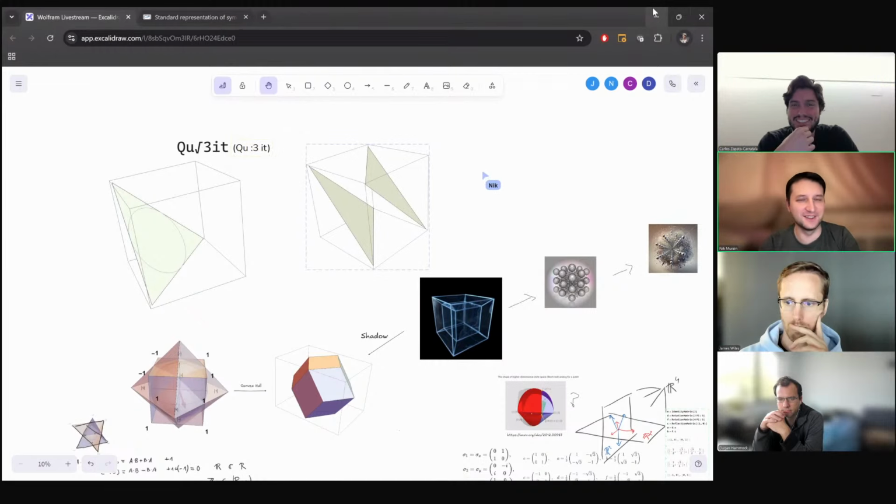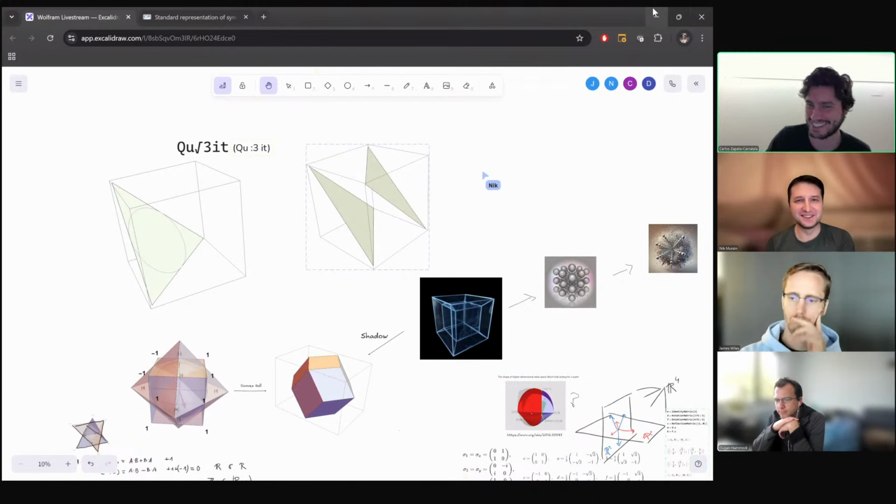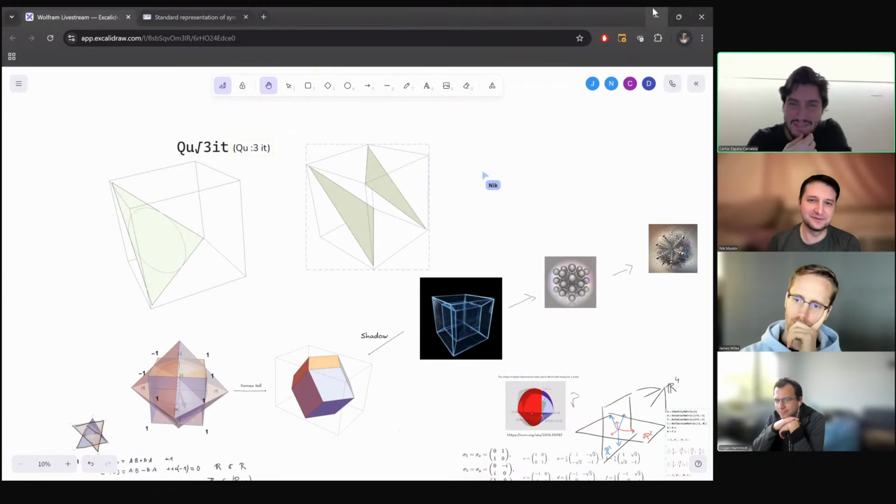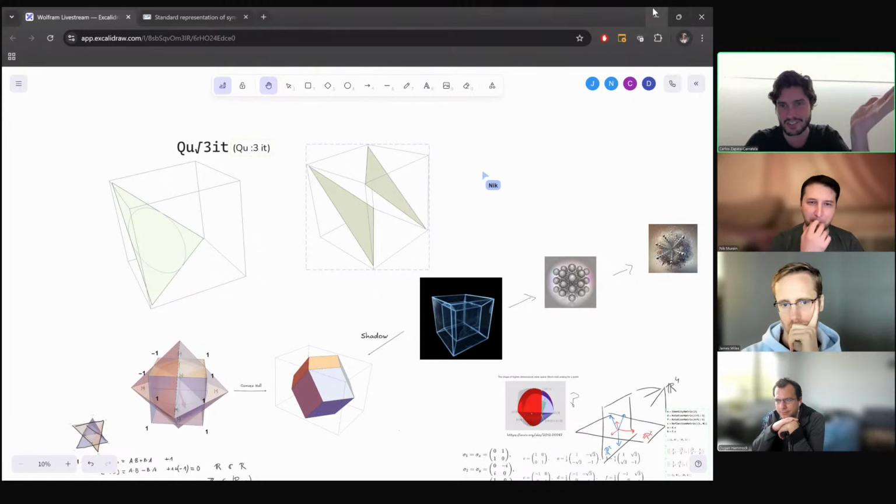Sure. What I mean is that is the pair of triangles I'm trying to find, right? This is just me learning geometry as we go. I actually did not know that those pair of triangles happen to be the diagonal transversal triangles of a cube.